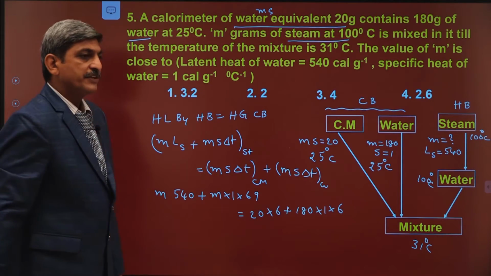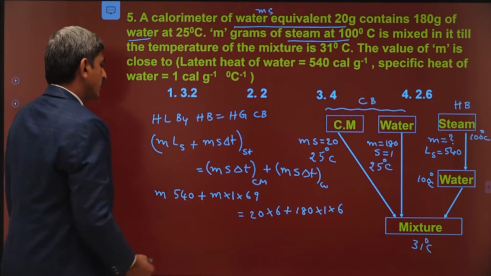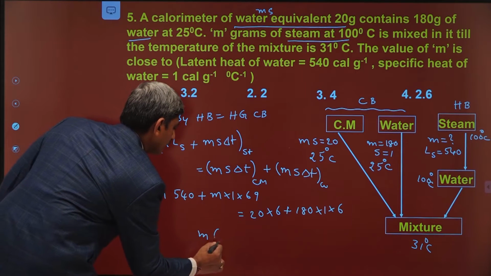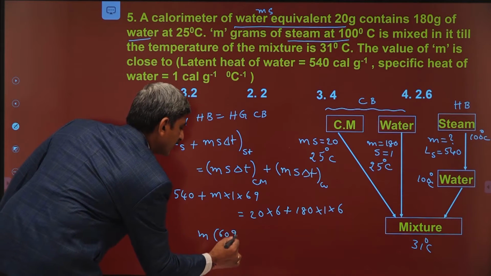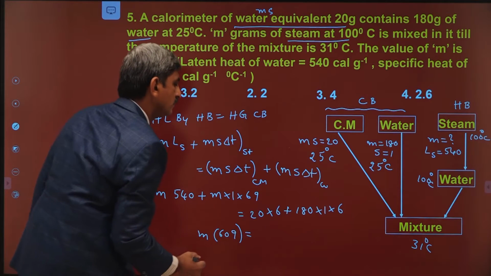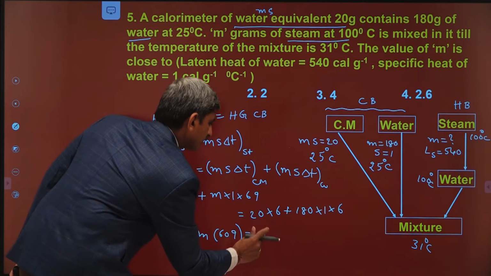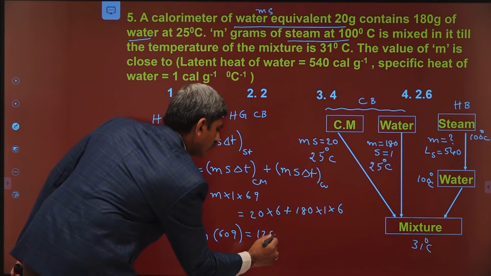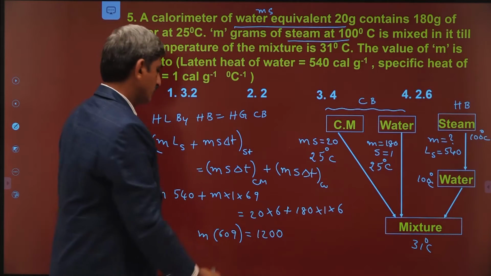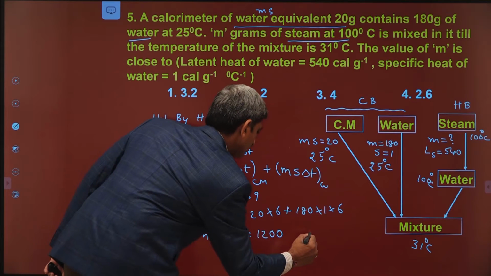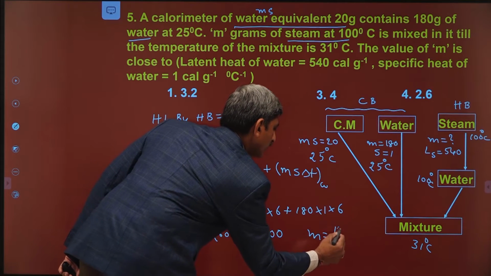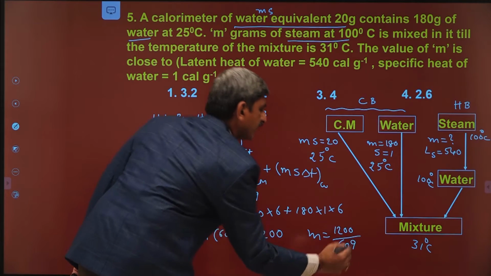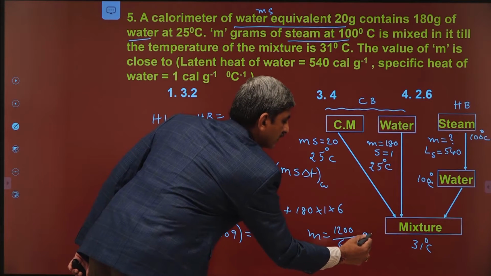So, simplify the problem to calculate the m value. This is m into 609 is equal to 1200. By taking this to the other side, we have m is equal to 1200 divided by 609 grams.